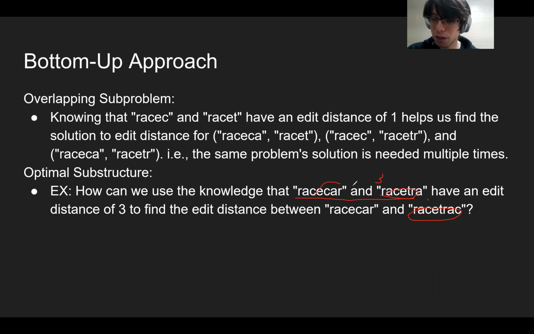And so if the edit distance to get to there is 3, and the edit distance to get from there to there is 1, then at the most, there might be a better way to do it, but at the most the edit distance is 3 plus 1, which is 4. So that tells us there are overlapping subproblems and optimal substructure.